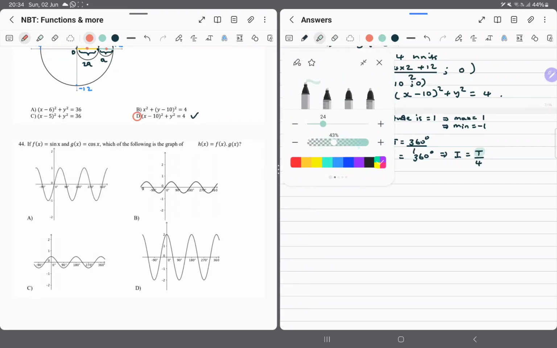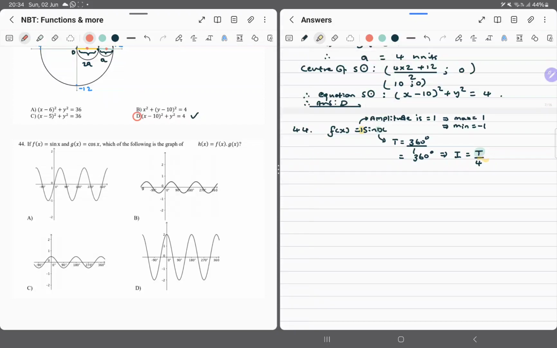And you must know very well that the 4 represents the 4 quadrants of the Cartesian plane.